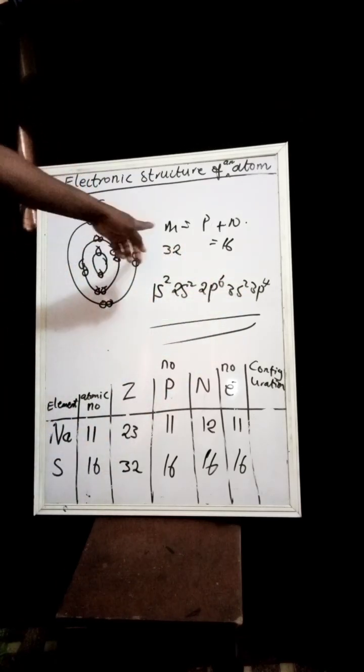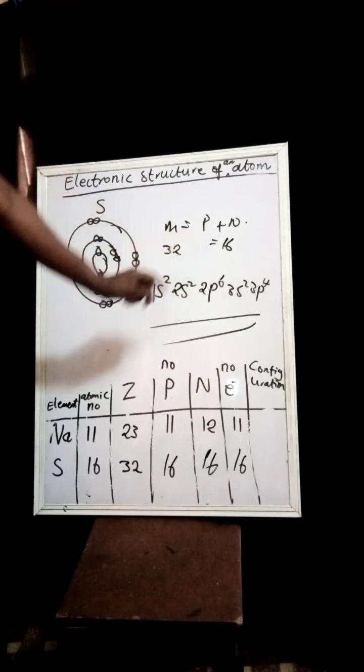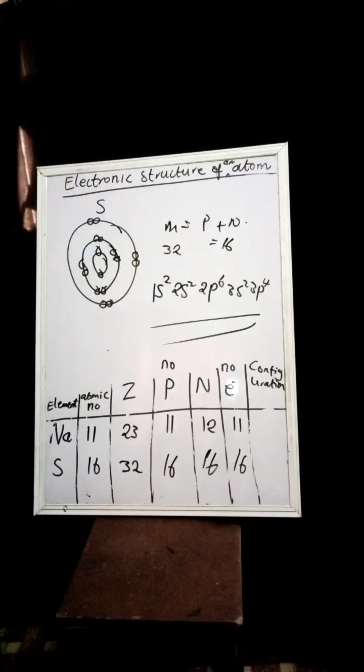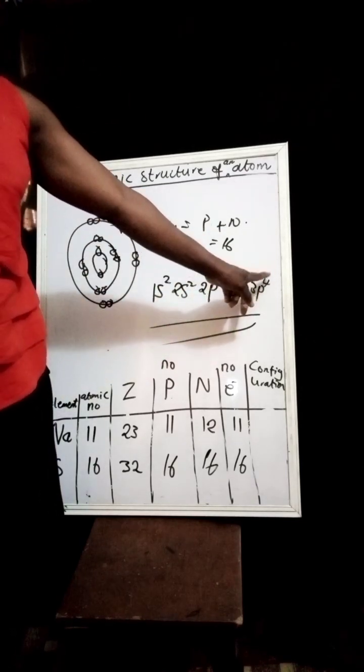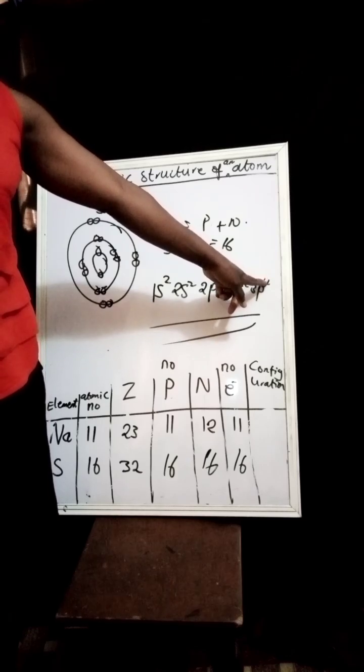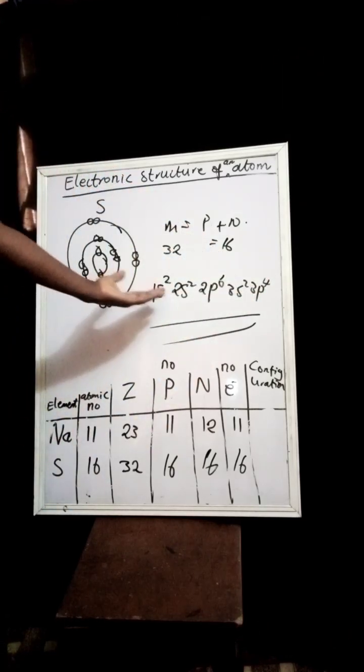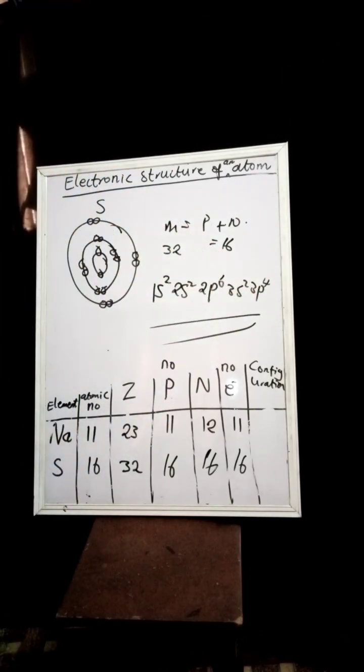That means 16 minus 12 is 4. There are 4 electrons remaining. So our 3p will be filled with what? 4 electrons. So this is the electronic configuration of sulfur. Then do that of chlorine and calcium.